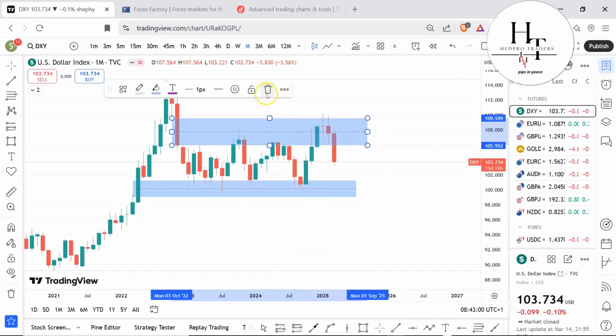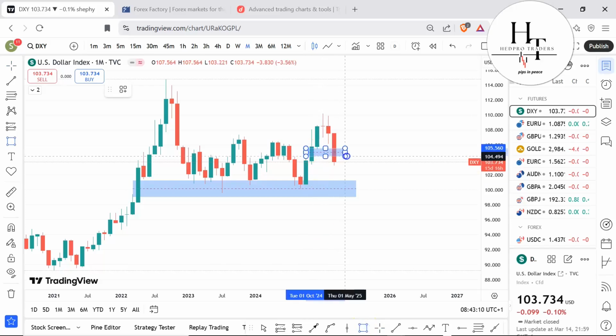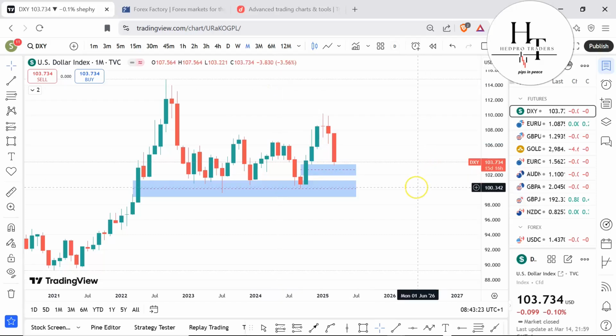So that's the reason why price has been consolidating, and we can see that price recently has traded into this fair value gap, traded out of it, and price could be heading into this gap here. So if price will do what we are projecting, we can say that overall we are bearish on the dollar index.